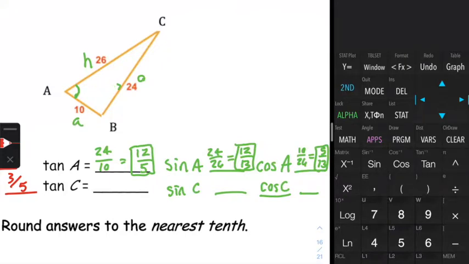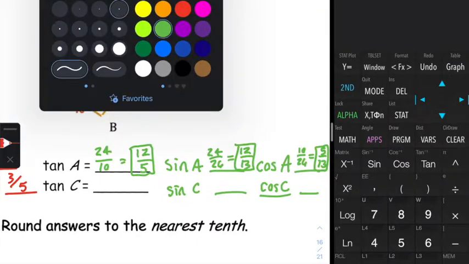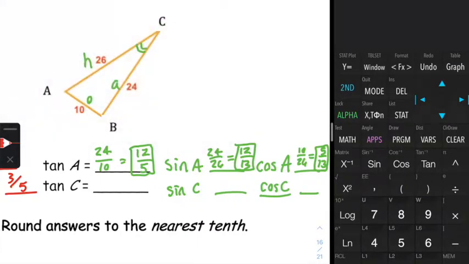And then when you go and look at angle C, of course that'll be a little bit different here. That's going to change where O and A are. So you might need to go relabel and erase. And then O and A, so let's see here, tangent is O and A, so that's 10 over 24, which is going to be 5 over 12. Okay, the sine function is going to be the opposite over hypotenuse.